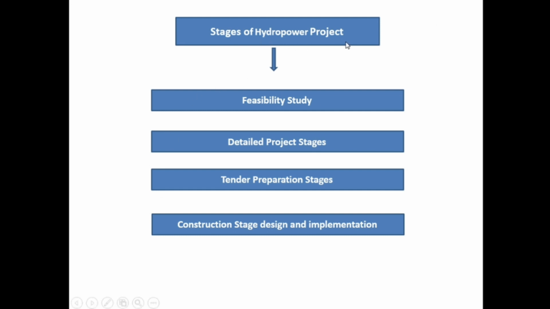Stages of a hydropower project: feasibility study, detailed project stage, tender preparation stage, construction stage, design and implementation.